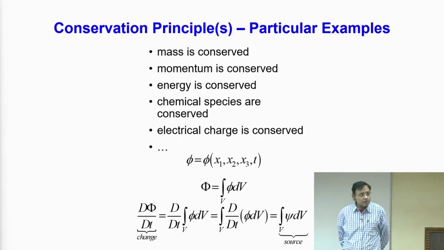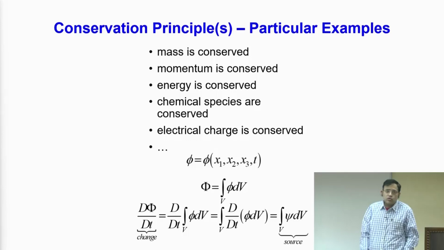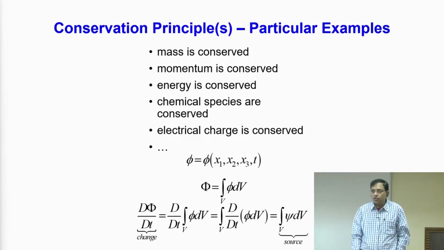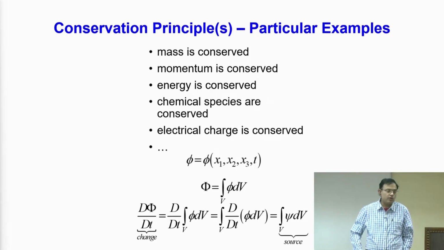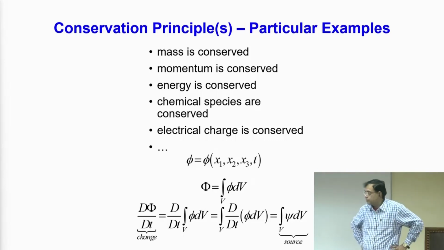Because the conservation principle is the same, no matter whether it is mass, momentum, energy, etc., the expectation is that if we develop a common mathematical foundation for conservation, then that mathematical foundation should apply for all these conservation principles.